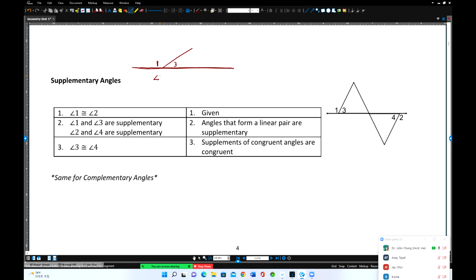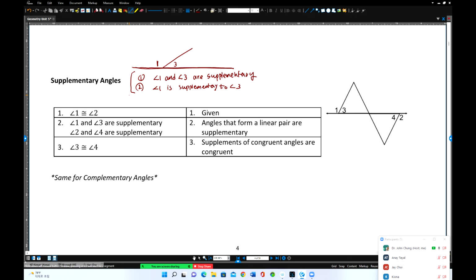We said angle 1 and angle 3 are supplementary. Or you can say angle 1 is supplementary to angle 3. You can use either one.